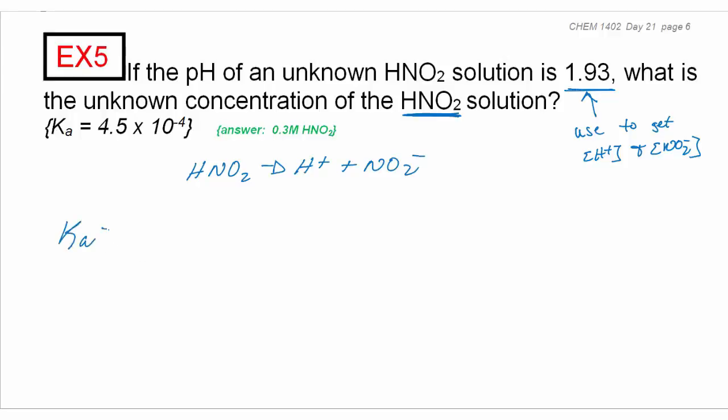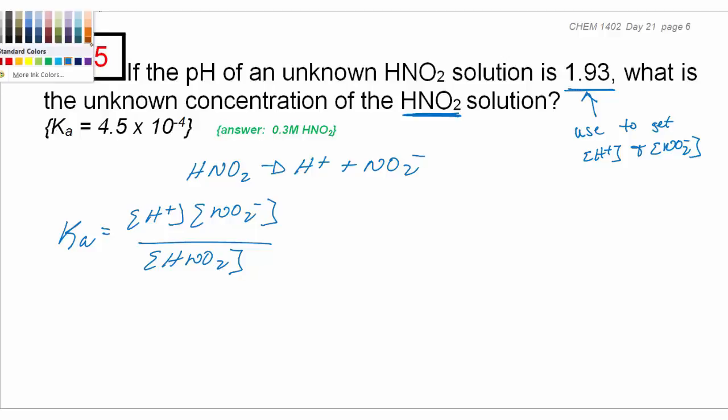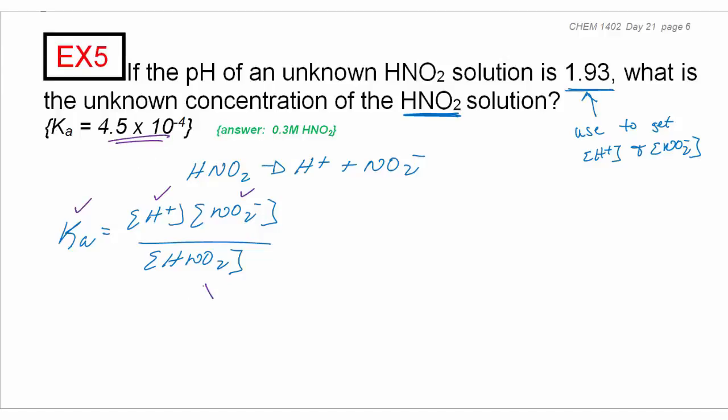Ka, hydrogen ion, conjugate base, all over conjugate acid. Okay, so it looks to me like we'll know these two, and we even know Ka. They told us that. So this is what we'll solve for. That's our big game plan.